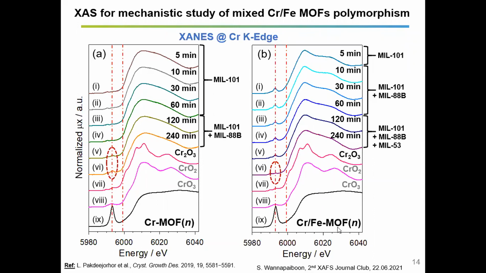But if you compare to the case with iron inside, you see the deviation: at the starting point, we see quite a huge pre-edge at the beginning, and it decays with prolonged reaction time.